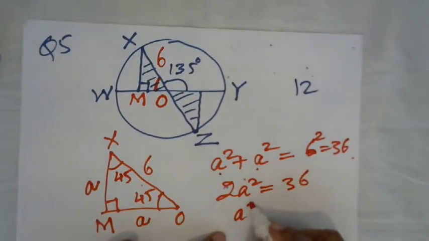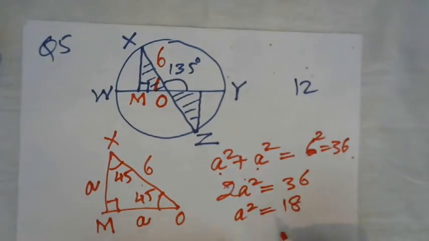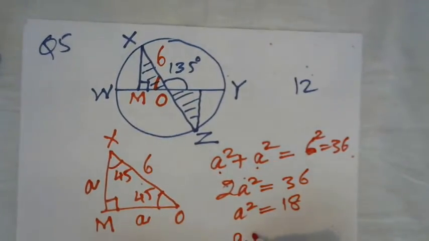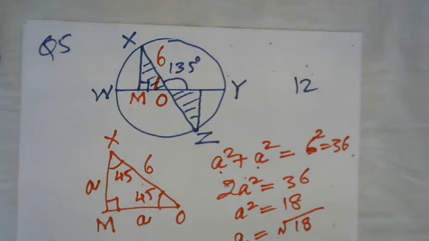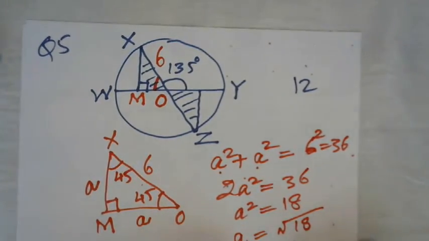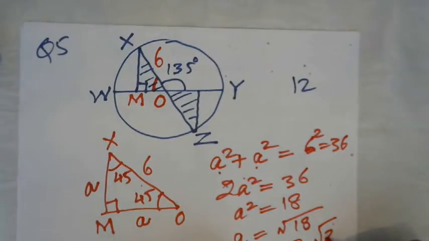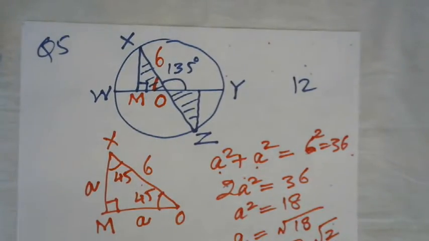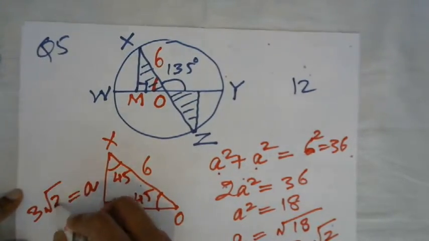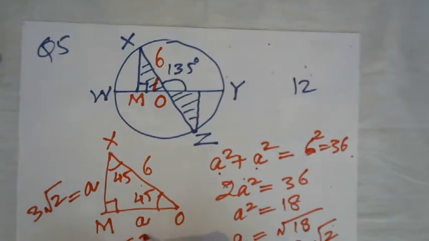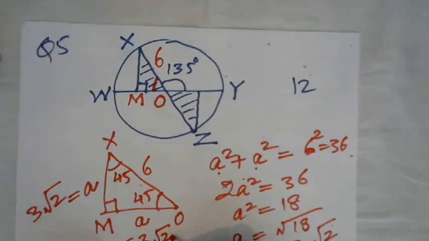Which means A square is equal to 18, which would mean A is equal to square root of 18. Now, this is equal to 3 under root 2. So, we have found A, which is 3 under root 2, and this is also 3 under root 2.